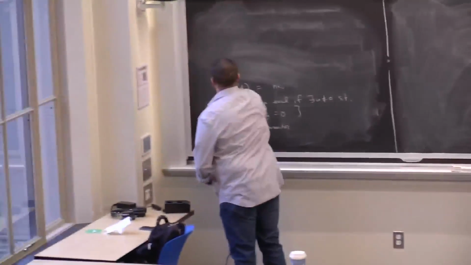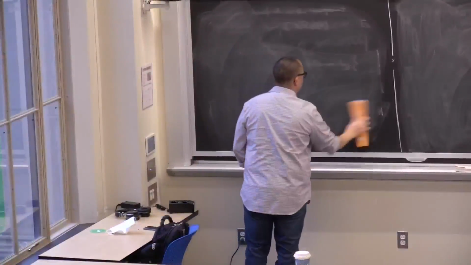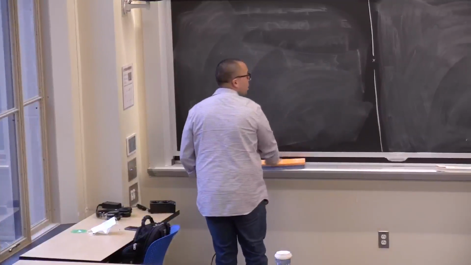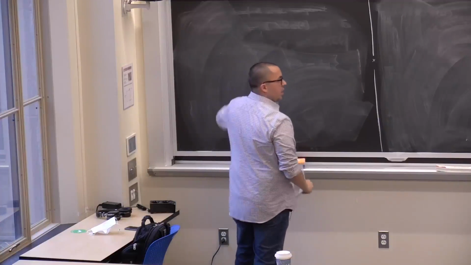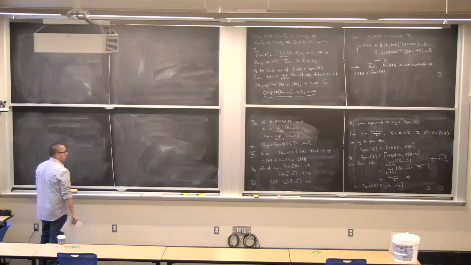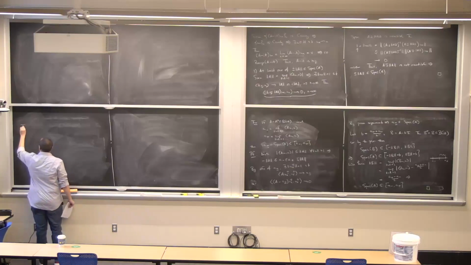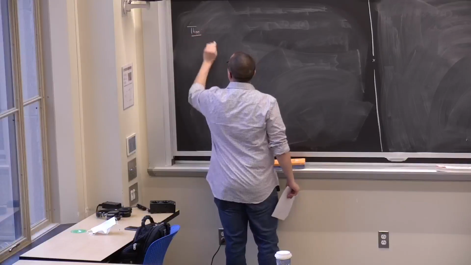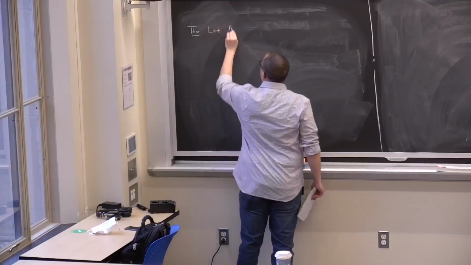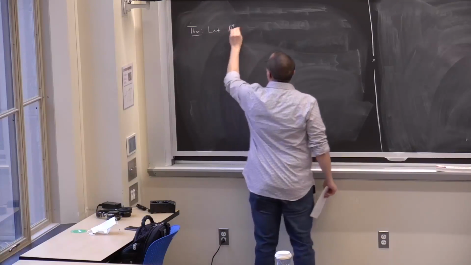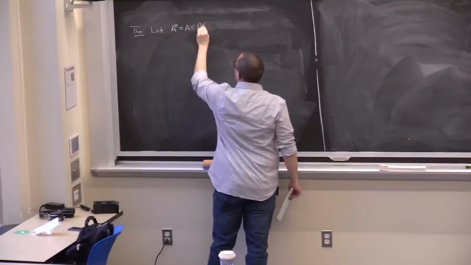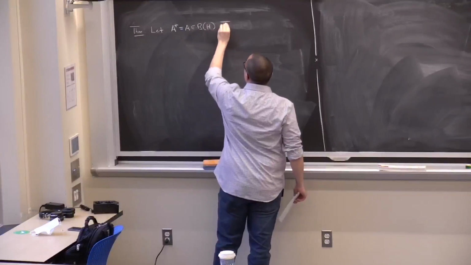So as a simple corollary of what we've done, we have this nice little statement about when exactly a self-adjoint bounded linear operator is non-negative. Let A be a self-adjoint bounded linear operator on the Hilbert space.